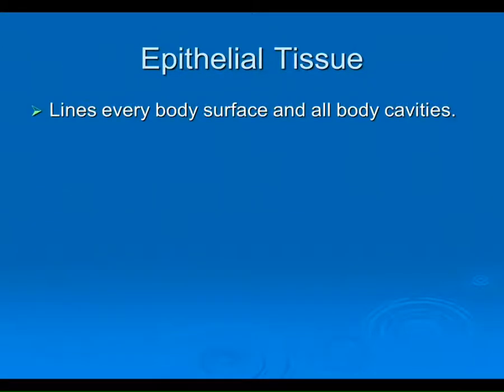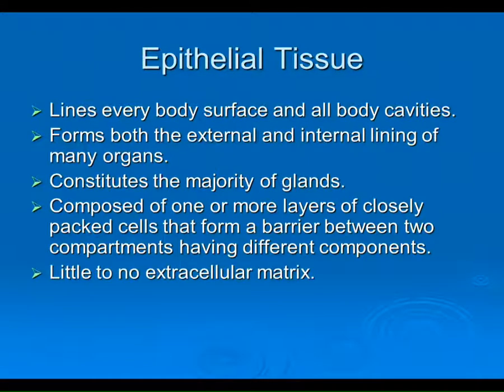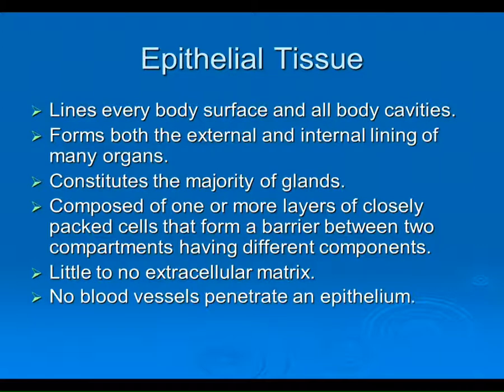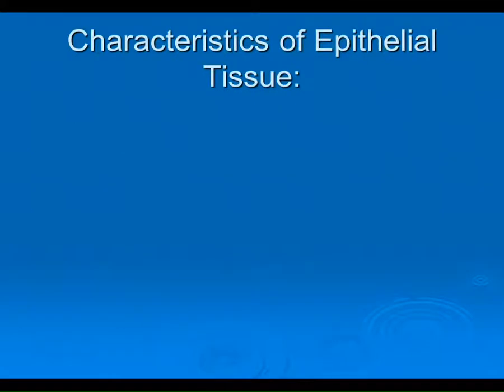So let's start off with epithelial tissues. We spent some time in lab talking about these. We know that they're lining, coating, covering us. Your glands are also largely epithelial. We know that these tissues are composed of cells that are tightly packed together with very little, if any, space in between them. That is, there's little or no extracellular matrix. Very few, if ever, are there blood vessels penetrating through the epithelium, and that's a good thing.